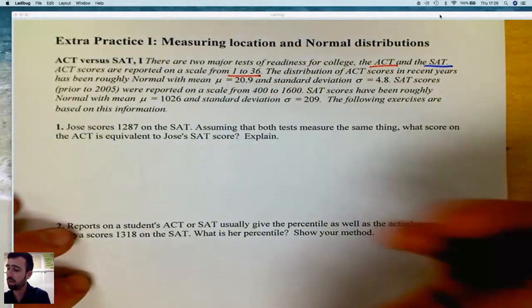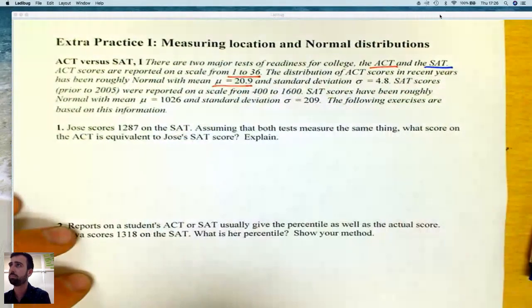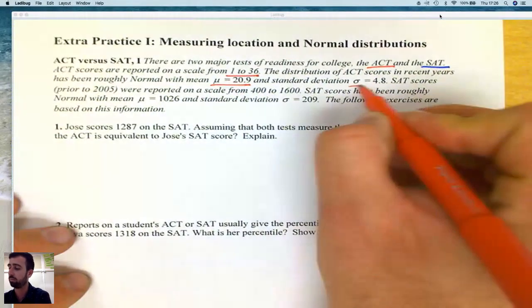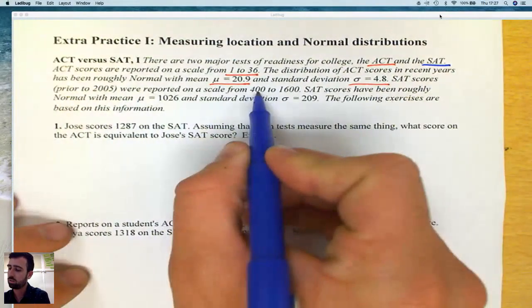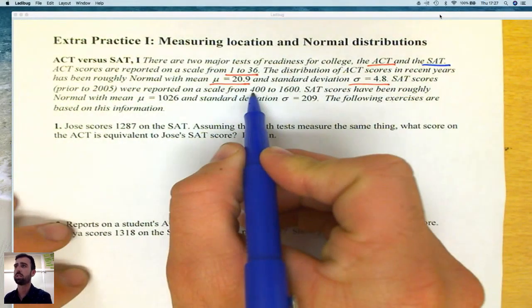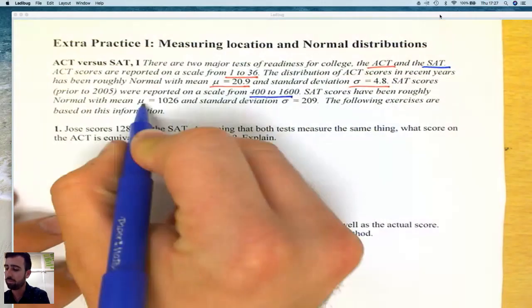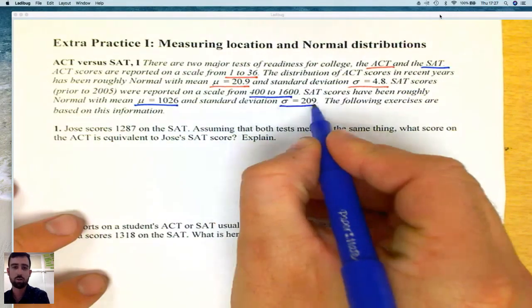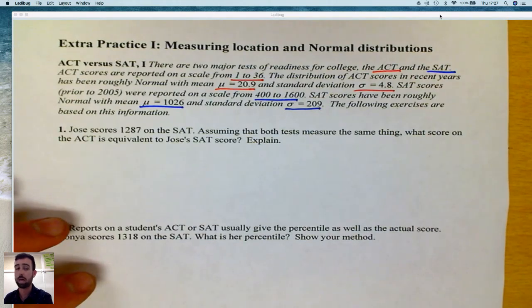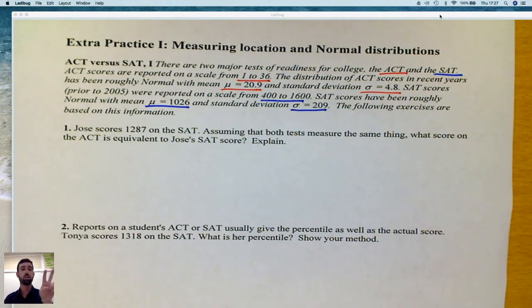And we have an average of 20.9 and a standard deviation of 4.8. The SAT scores were from 400 to 1600 with an average of 1026 and a standard deviation of 209. So again, we need standard deviation, we need average. Those are the two things we need to find z-score.